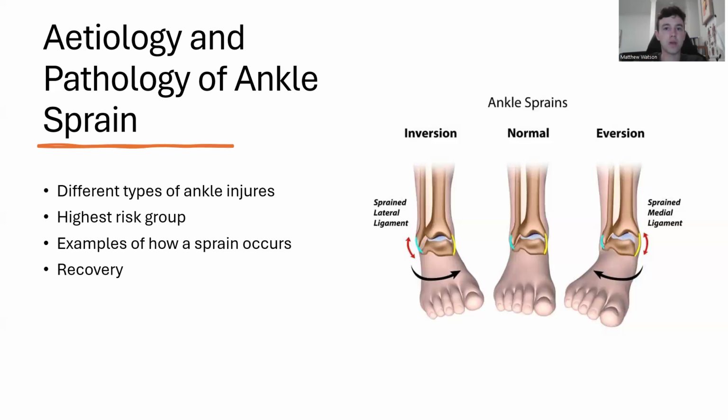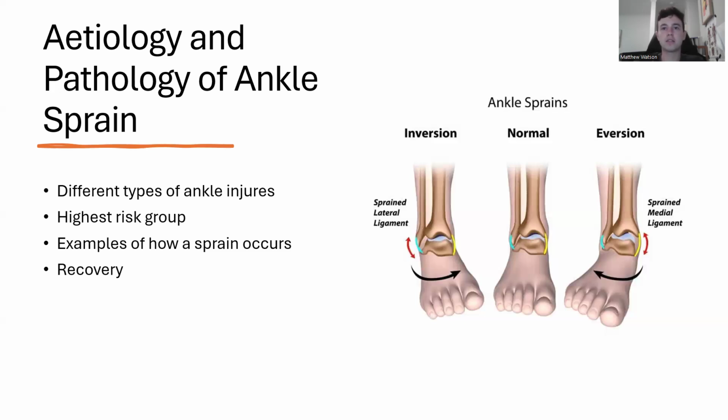A high ankle sprain is the more uncommon type of ankle injury and occurs with a sudden twisting motion where the distal tibiofibular syndesmosis ligament is damaged. A systematic review by Pia Jungmann et al. found that ankle sprains account for around 16 to 40% of sport-related injuries, with basketball and soccer players being the highest risk group.